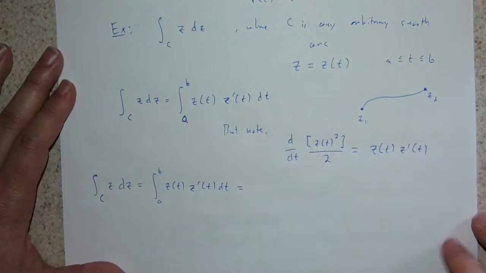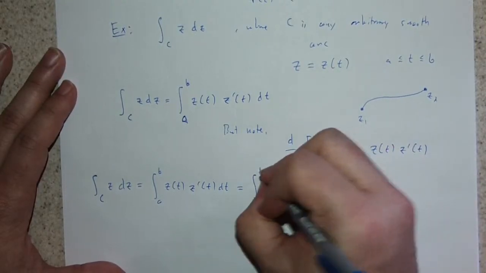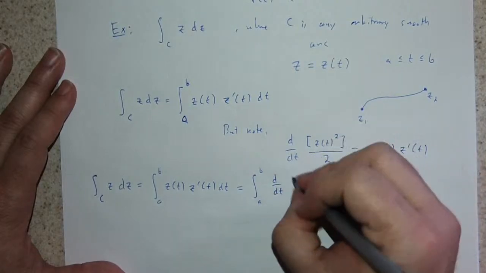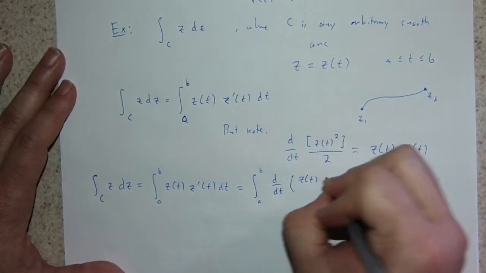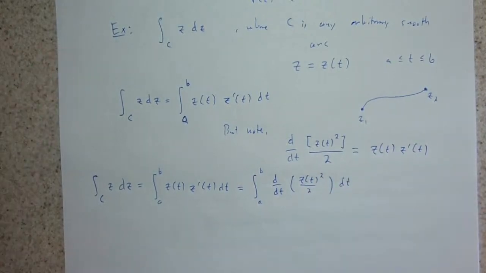Okay, and this is the integral from a to b of d/dt of z of t squared over 2, right, dt.